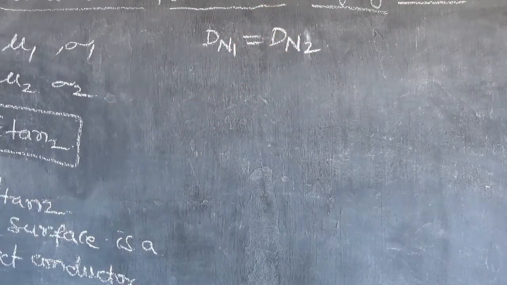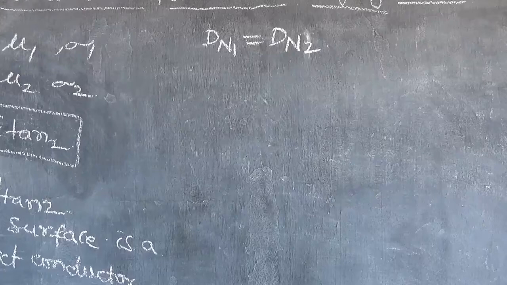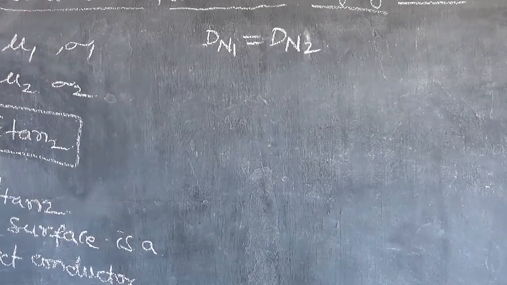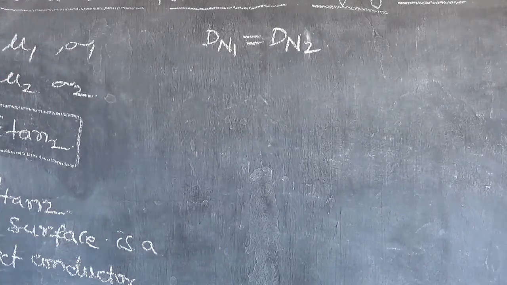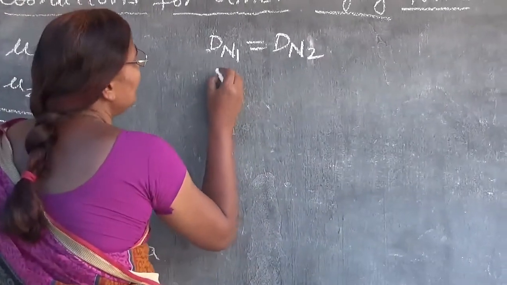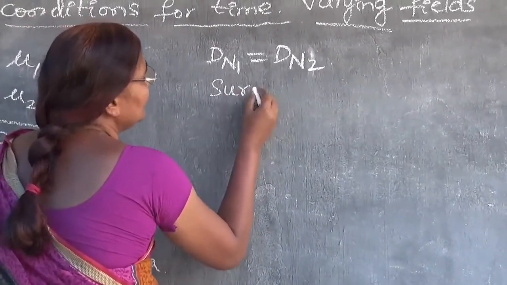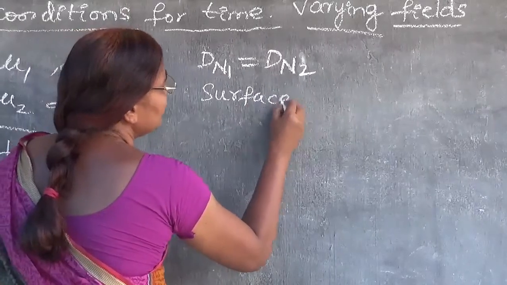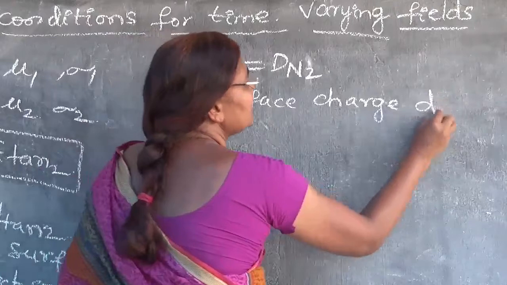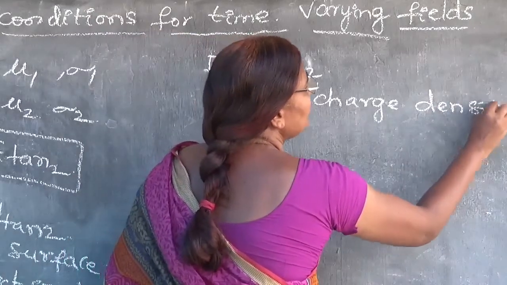They will be equal and continuous if the surface charge density is 0.